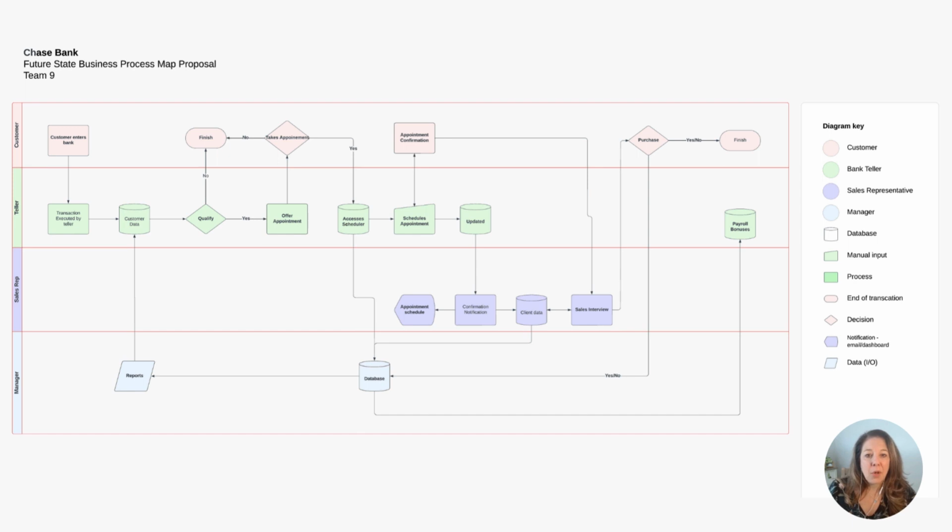Each level shows what the proposed solution would involve from the customer standpoint, the teller standpoint, the sales rep, and the manager.